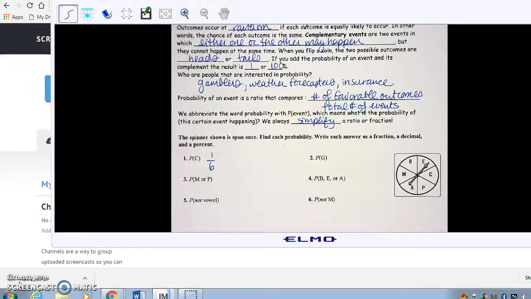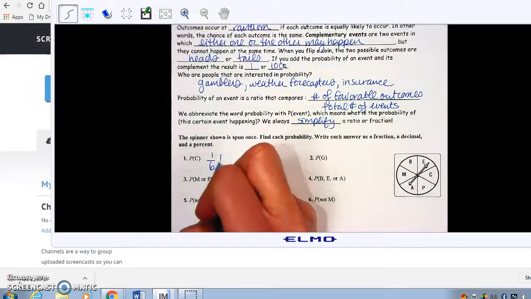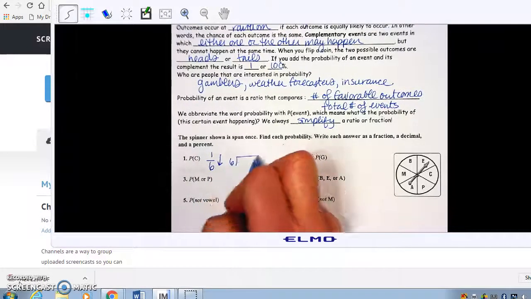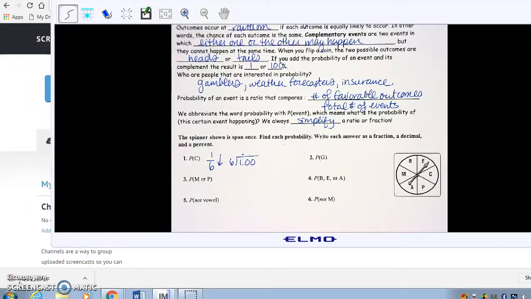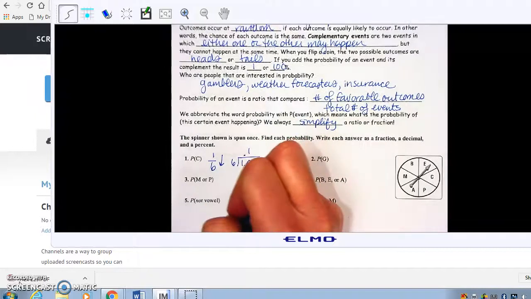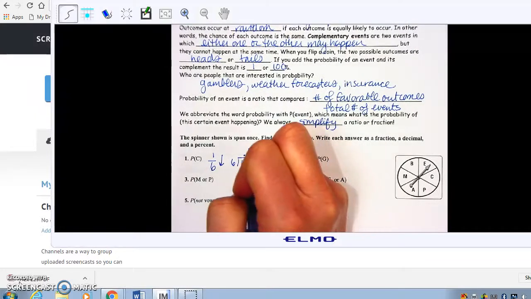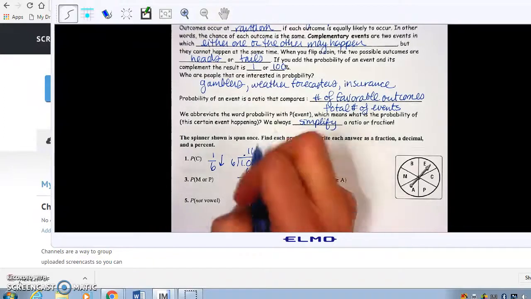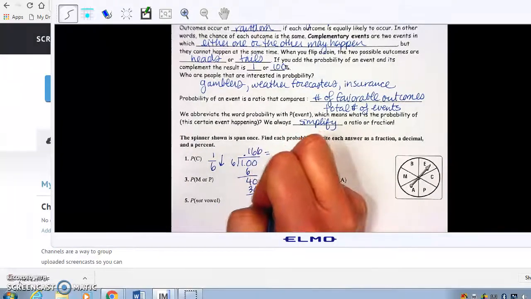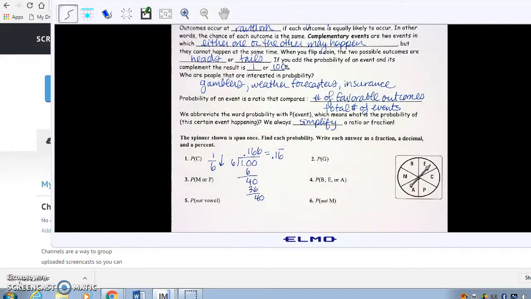Now, let's change this fraction to a decimal. We divide, going down, show your work, put a decimal point behind the 1, add as many zeros as you think you need, and start dividing. I'm noticing a pattern here. The 6's keep repeating, so 0.16 with the repeating bar over the 6.